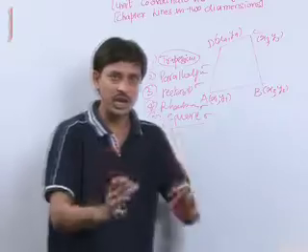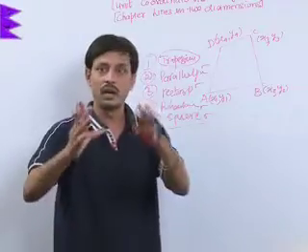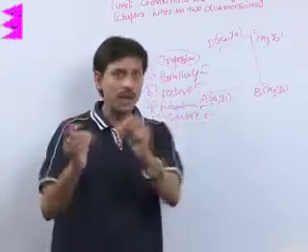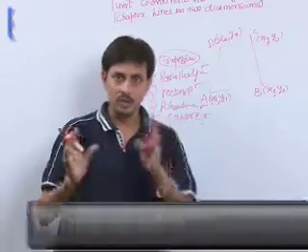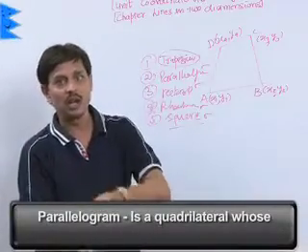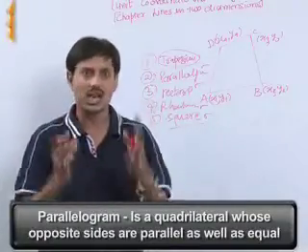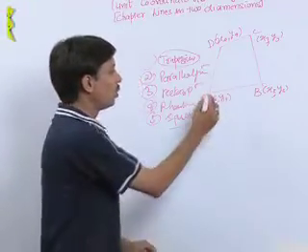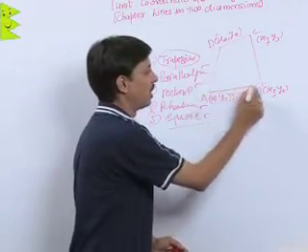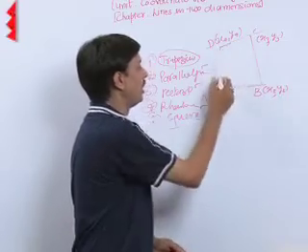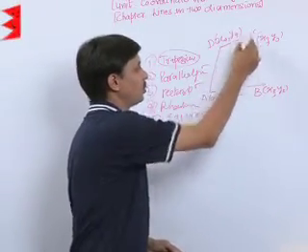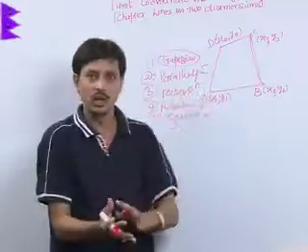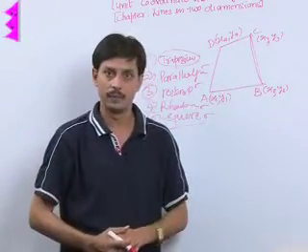So how do we check whether the given quadrilateral is a parallelogram or not? The simple definition: a parallelogram is a quadrilateral whose opposite sides are parallel as well as equal. So if we use the distance formula and find AB equals CD and AD equals BC, that is, the opposite sides are equal, we say it is a parallelogram.